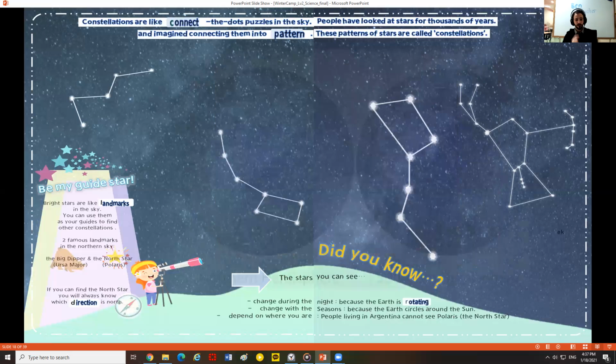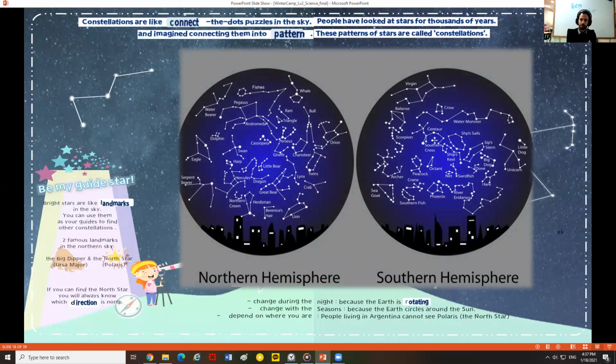So we see different stars. It also depends on where you are. People living in Argentina can't see the North Star, and people living in Korea can't see the same stars that people can see in Argentina.